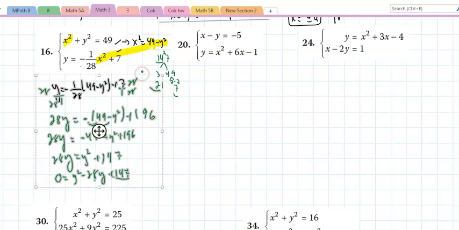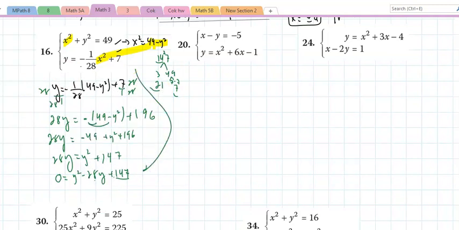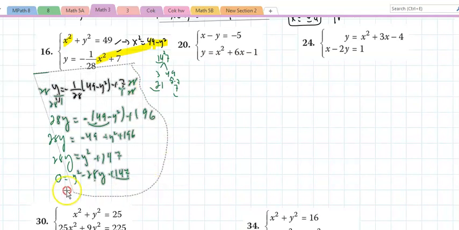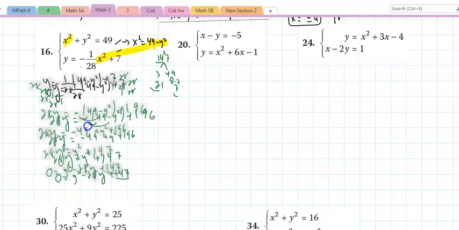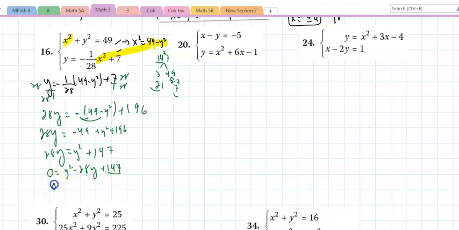Some of these problems are longer than others. No biggie. We have plenty of space. So this is really 0 equals (y minus 21)(y minus 7). If you can't get the 7 and 21, you could complete the square or use the quadratic formula. So I'm getting y to be 21 or 7.